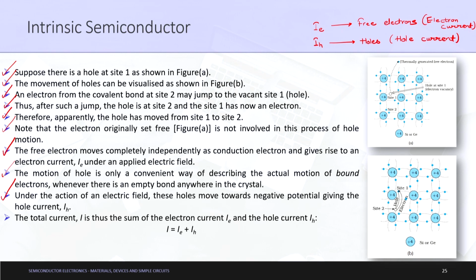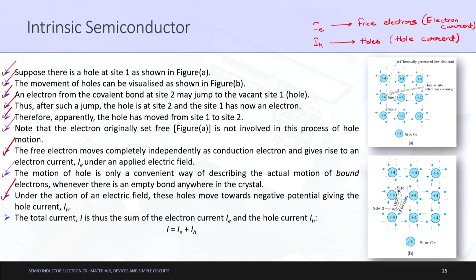The total current I is thus the sum of electron current IE and the hole current IH. So the total current will be due to two different currents, one due to electrons and another due to holes.